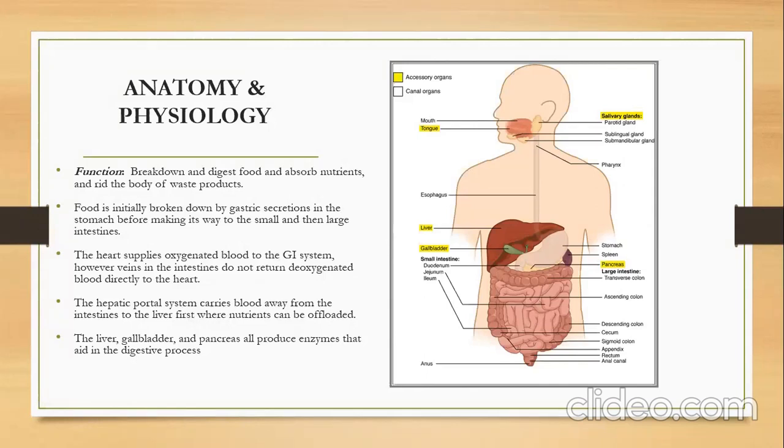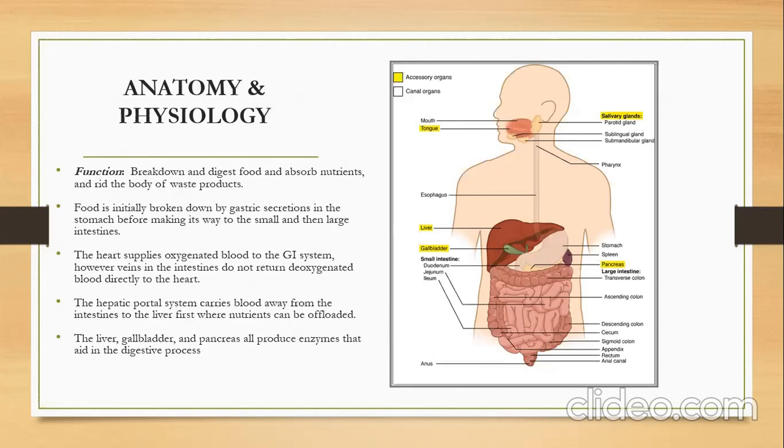Food obviously is broken down first in the mouth with your teeth and your saliva, and then it travels on down the esophagus and through the lower esophageal sphincter into the stomach, where it is further broken down and then passes on through the duodenum and then the jejunum and the ileum on through the small intestine and then around to the large intestine and out.